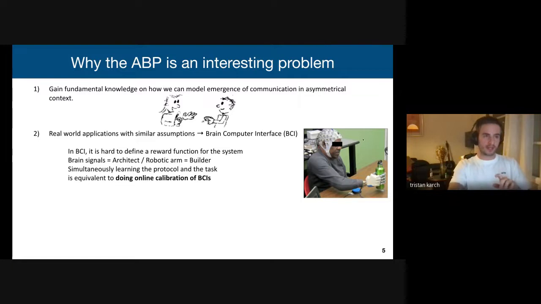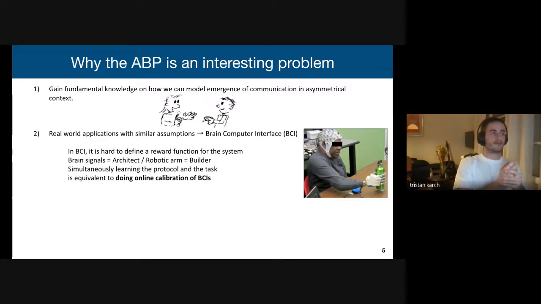So here you have a small picture of a BCI. Basically, it's a robotic arm which is controlled by brain signals. And for such a system, it's really hard to define a reward function for the robotic arm. And we can draw a parallel with the architect builder problem, where the brain signals will be the architect messages and the robotic arm the builder that makes the action.